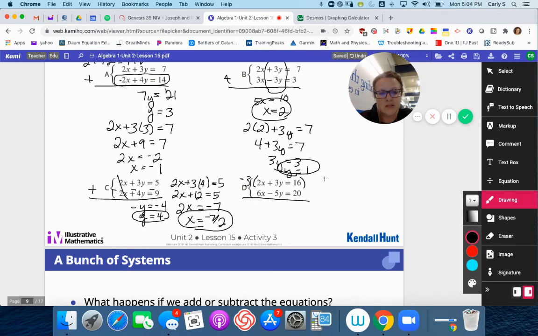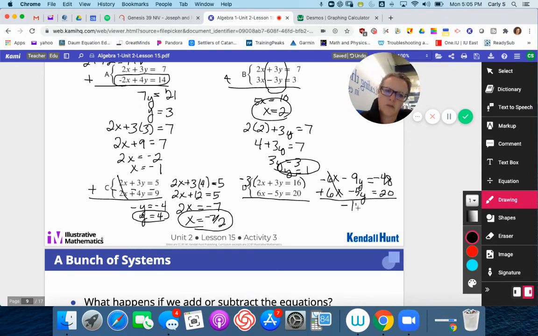So negative 3 times 2x is negative 6x. Negative 3 times 3y is negative 9y. 3 times 16 is 48. So negative 48. So I multiplied 3 by each term. Rewrite the second equation and add them together. And the x term cancels.